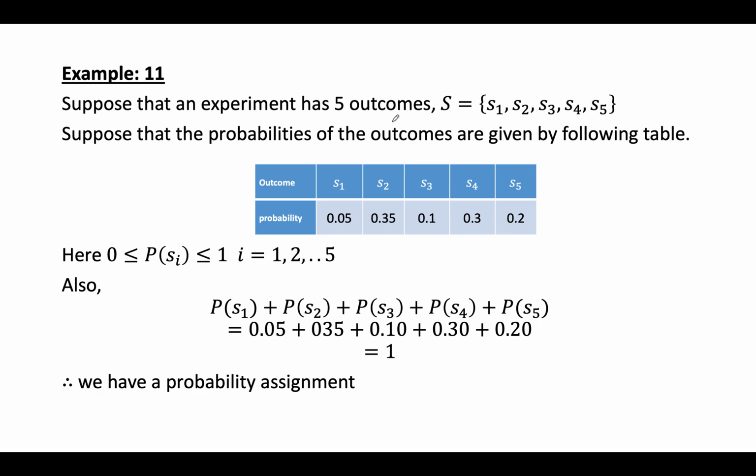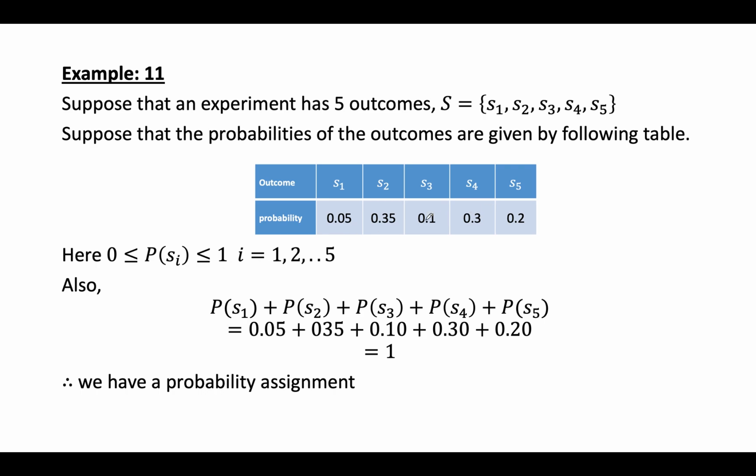For example, I've got an experiment with 5 outcomes. So my sample space is S1, S2, S3, S4, and S5. Now let's suppose the probabilities of the outcomes are given by the following table. The probability of S1 is 0.05, S2 0.35, S3 0.1, S4 0.3, S5 0.2.